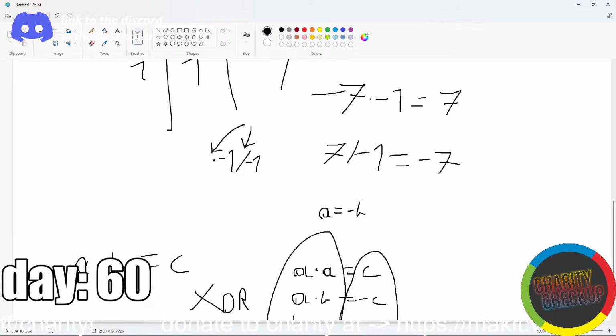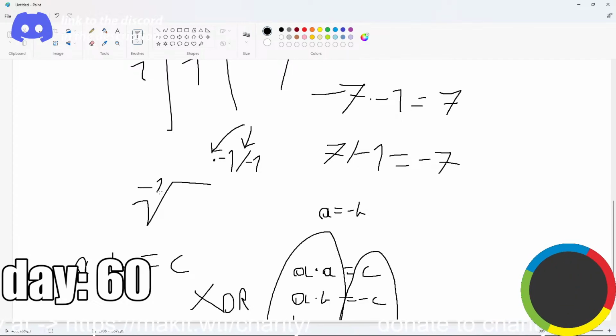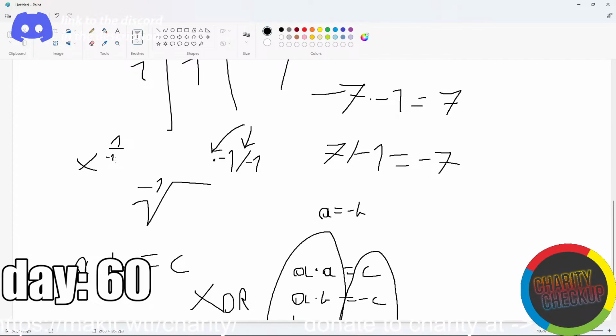So it works with negative numbers fine on other operations, it just breaks with exponents, because we don't have a good way of treating negative numbers there. With roots, the root of negative first would be x to 1 divided by -1, which is then just reverse it and x to negative first.